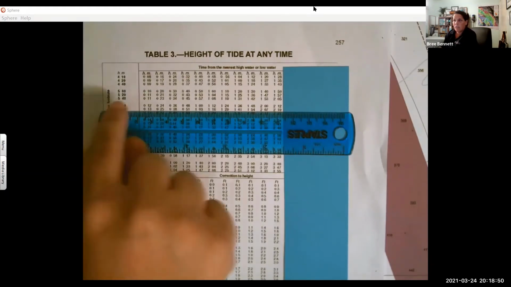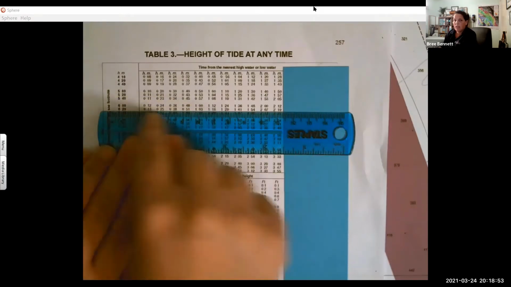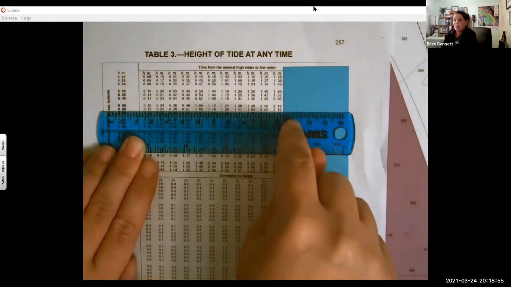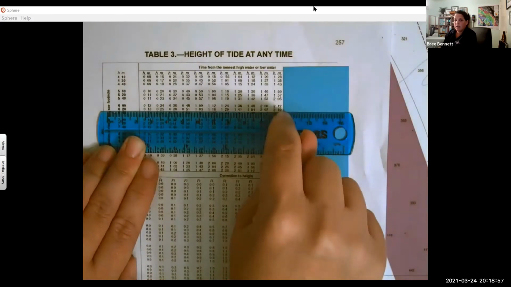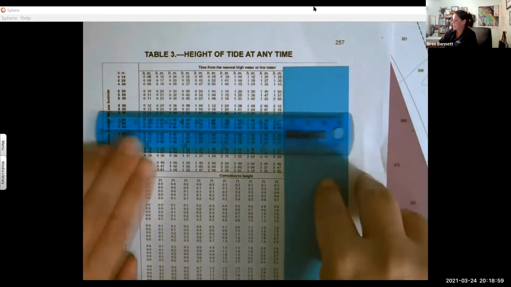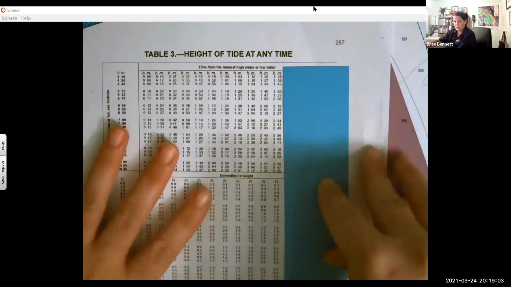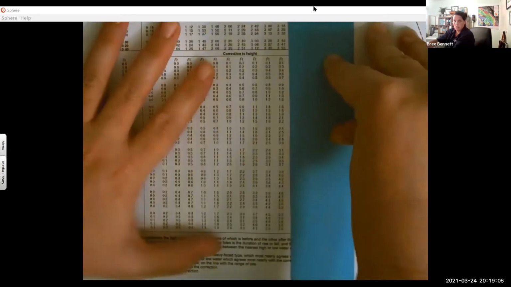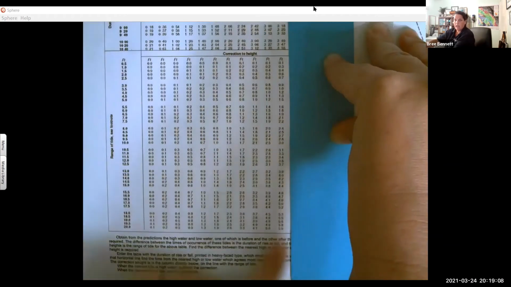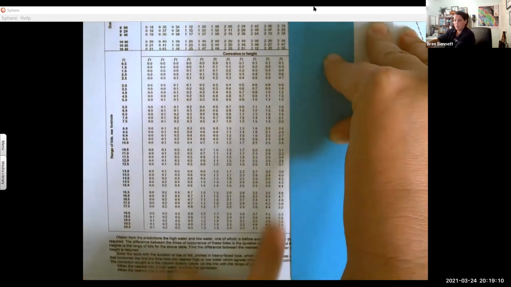So this number tells me that I'm going to be somewhere in this column when I look at the bottom of the chart.